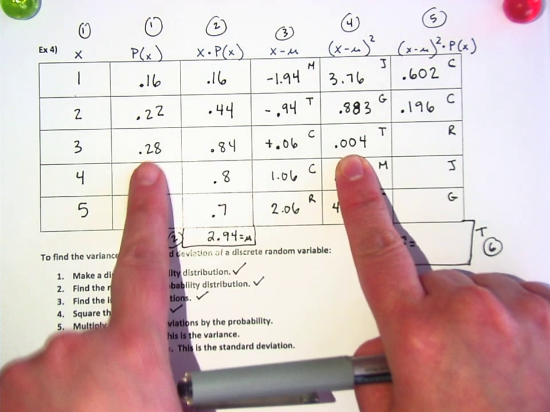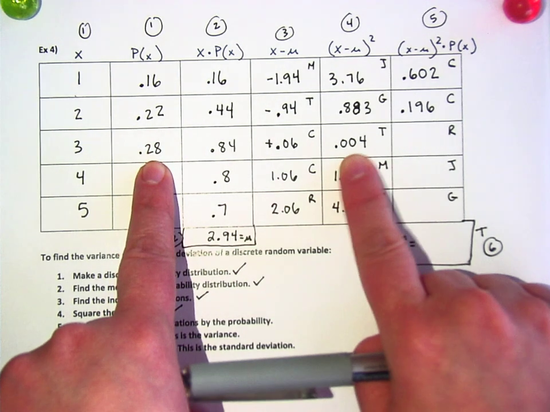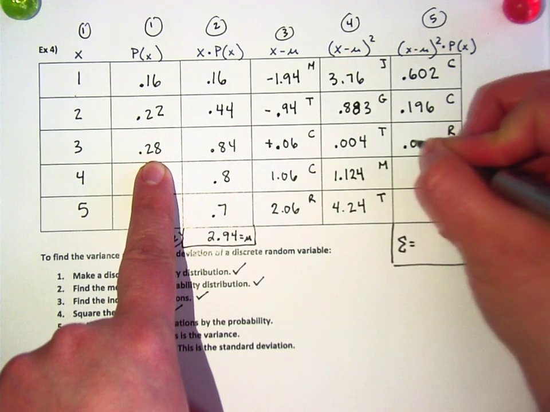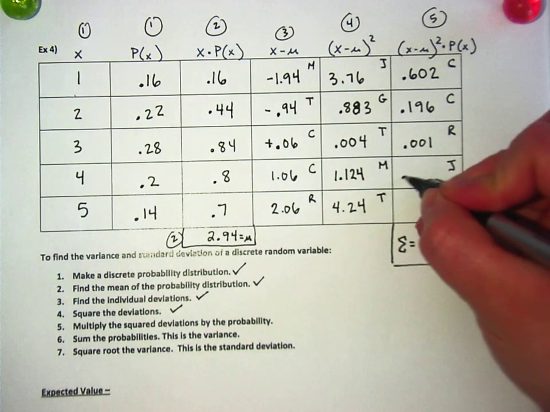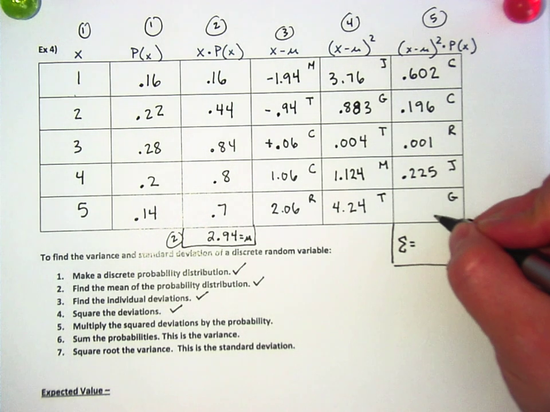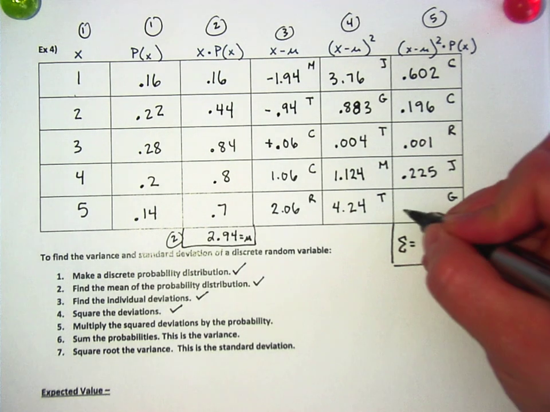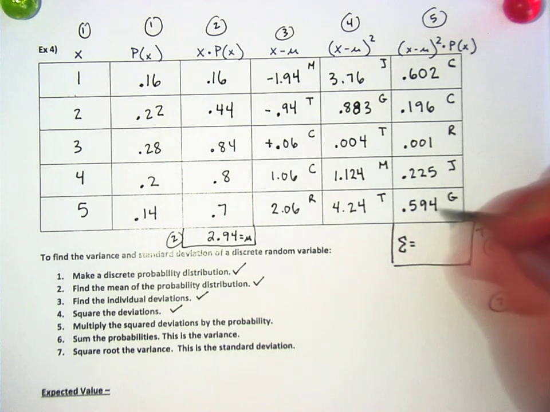No, this times this. Yeah, that looks right, because it's about 25% of that. Yeah, 0.001. Jasmine? 0.225. Gustavo? 0.5936. 0.594.